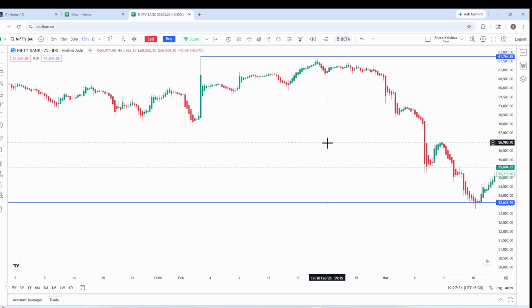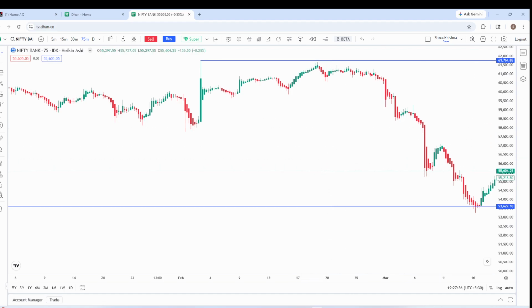Okay. So when we see this, it came below, then it made a 1, 2, 3, then again a 1, 2, 3, then a 1, 2, 3, 4, 5, or something like this. Whenever it gives us a fractal break, we consider this a fractal. Why do we consider that a fractal?